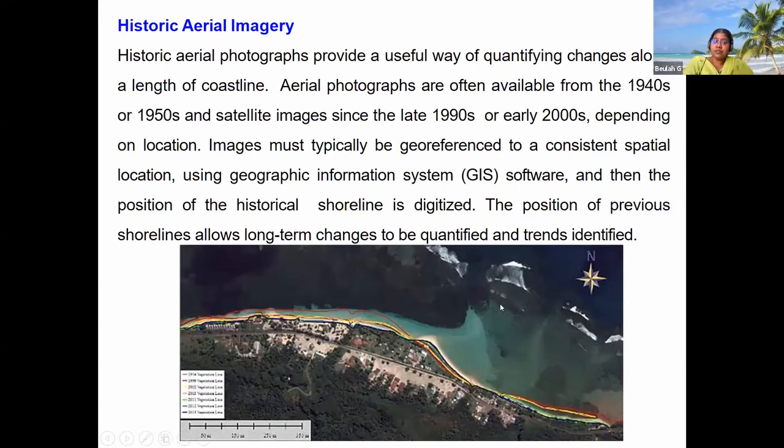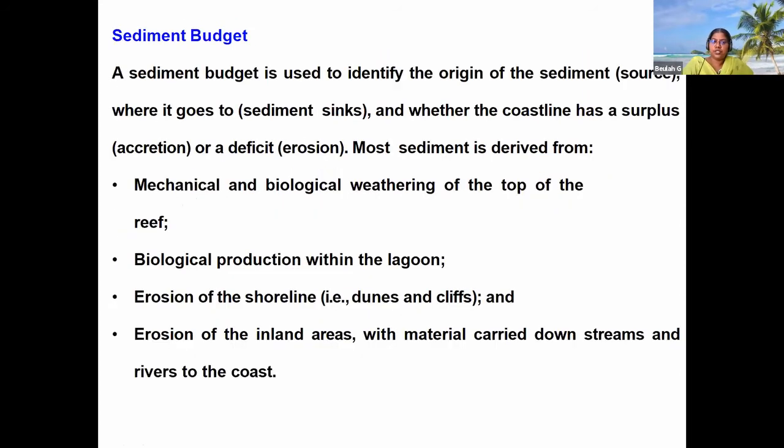So aerial photographs are a very good measure by which you can preserve the natural coastal line regions.